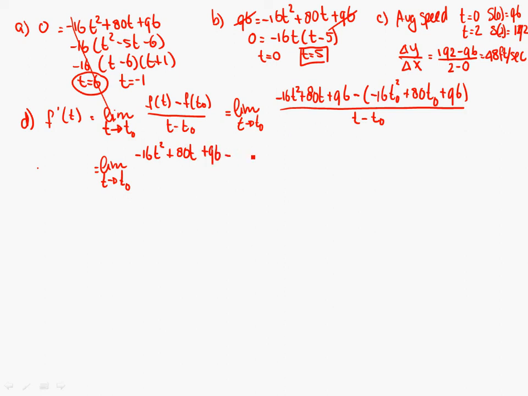Okay, I'm going to distribute this negative. So that becomes 16t sub 0 squared, minus 80t sub 0, minus 96.